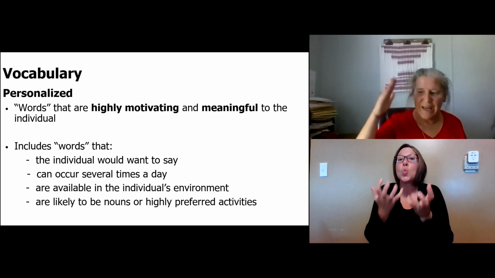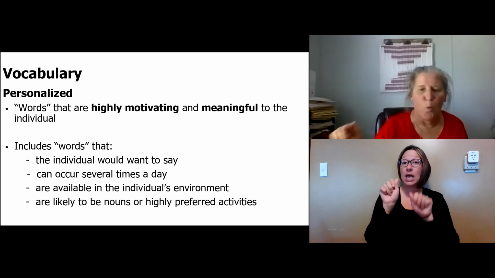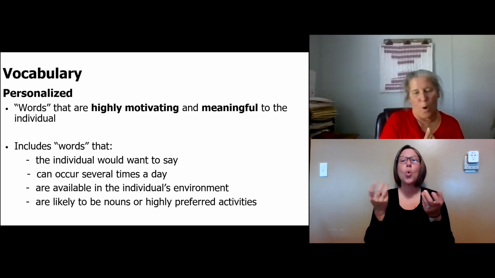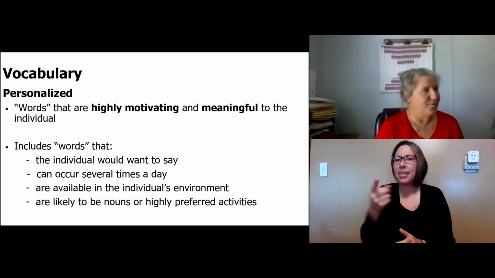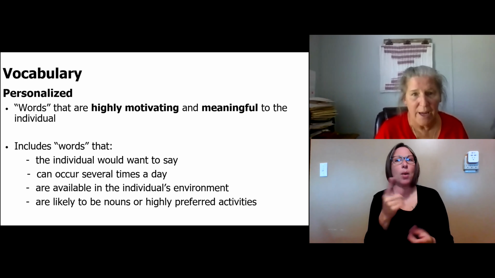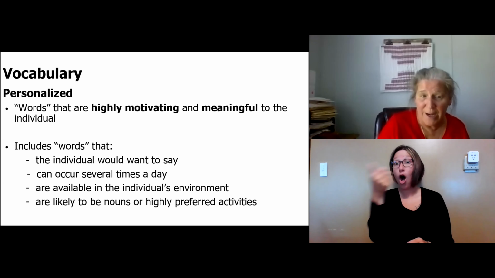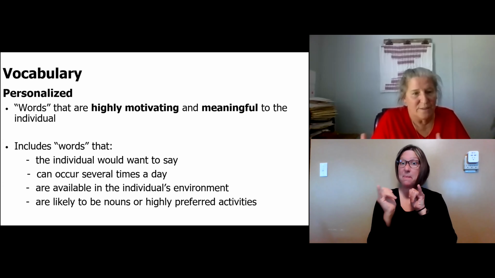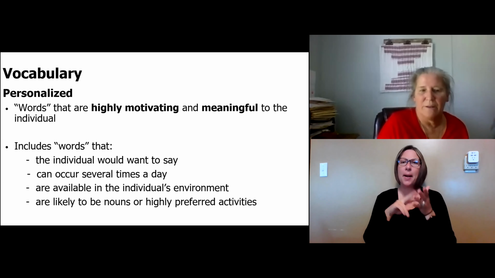So we're thinking in terms of if they could talk, what would they say? What would they want to say? Not what we want them to say, but what would they want to say? They might say, this is stinking stupid. Okay, that's what any other kid in middle school would say, right? So we always want to have that in mind, that inside there is a regular kid.